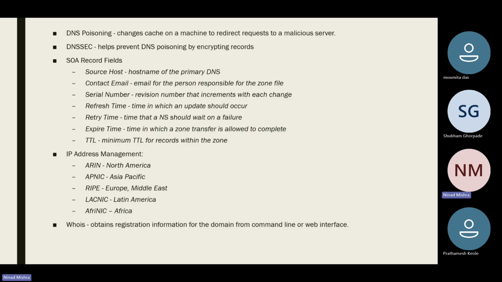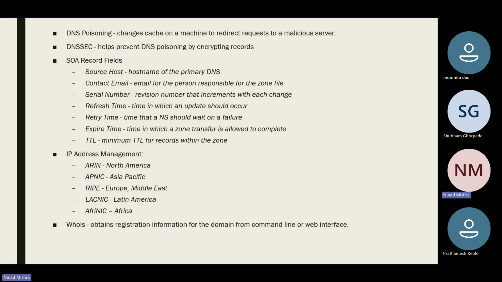IP address management: I told you about APNIC and everything that we saw in the initial footprinting. Basically, these are the management organizations that provide you the IP addresses. They are divided region-wise. For North America, it is ARIN. For Asia Pacific, it is APNIC.